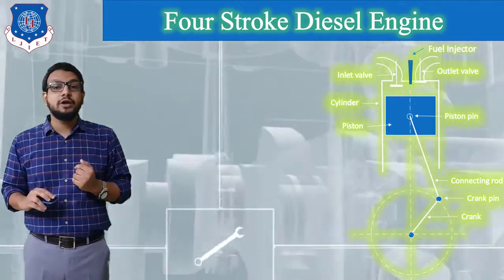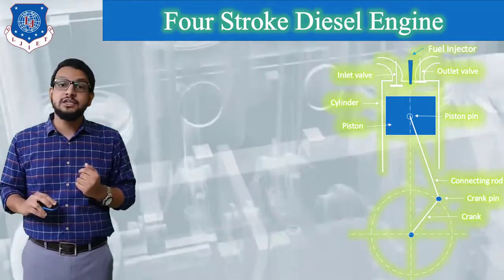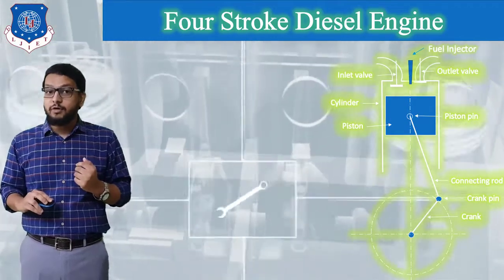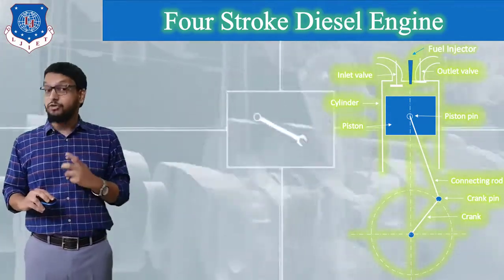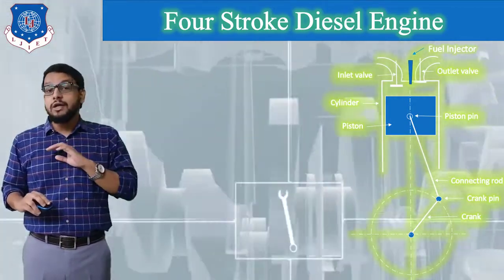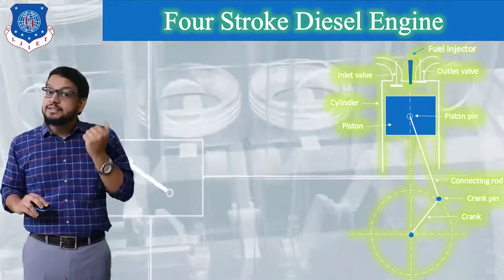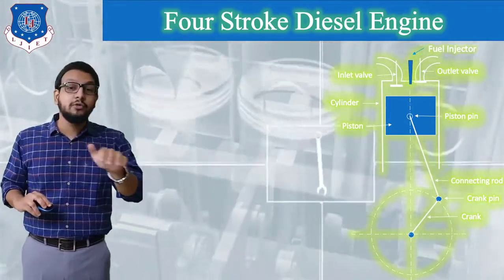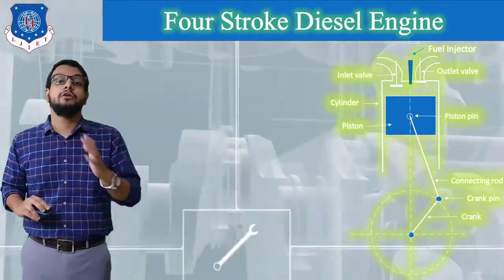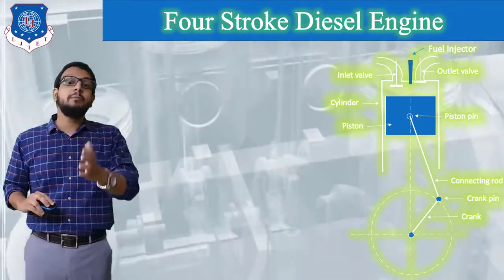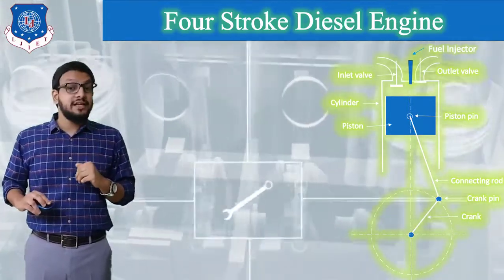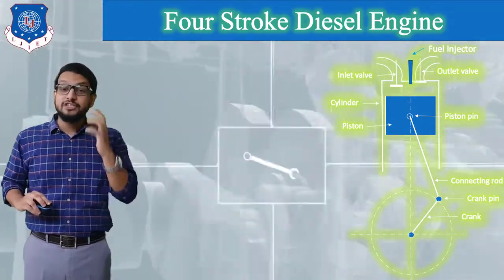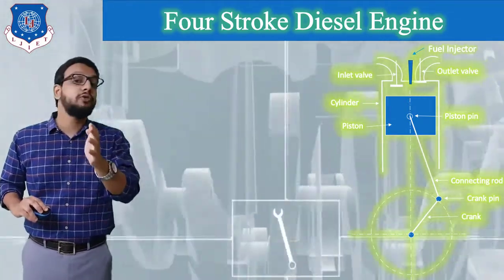And there is no carburetor used in a diesel engine, because as we know, the purpose of a carburetor is to mix air and petrol. But there is no need to mix air and diesel, so there is no carburetor in this engine, remember. But there is a fuel pump used in this engine, which provides pressurized diesel fuel to the fuel injector.